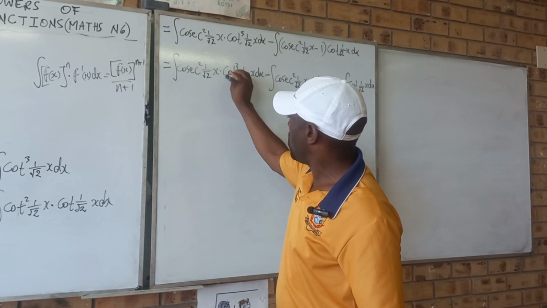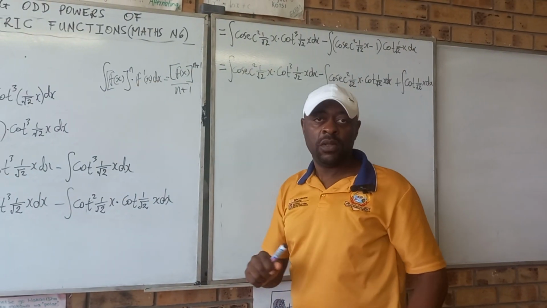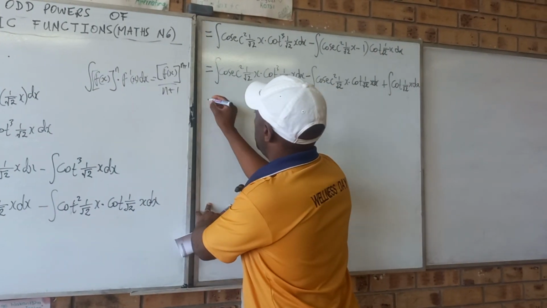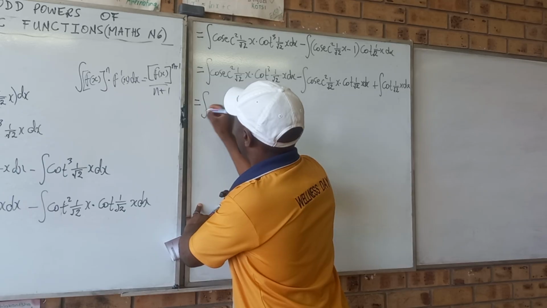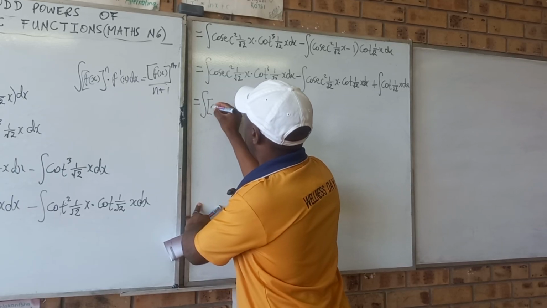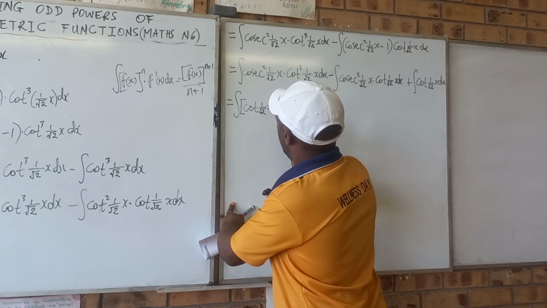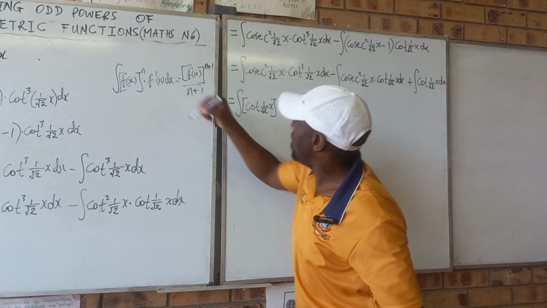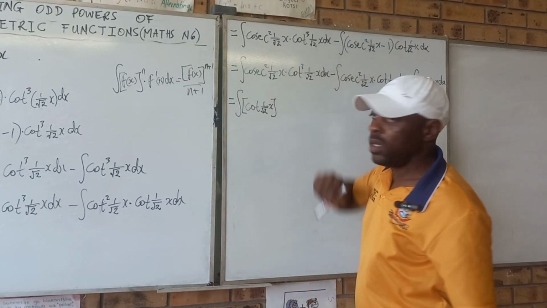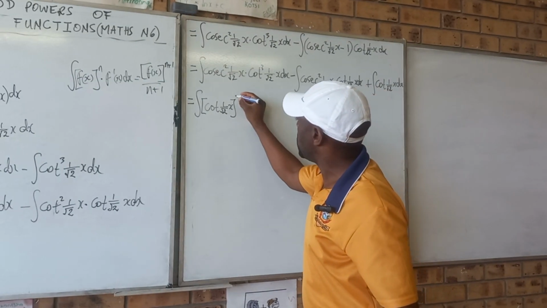So I'll just take that cot, put it in the place of f in that formula. That formula is on page 4 of the Math N6 formula sheet. So I'm doing that, I'm putting cot 1 on root 2x here. So you see the formula has an n, that n will be the power of cot in the original problem, and the power of cot is a 3.